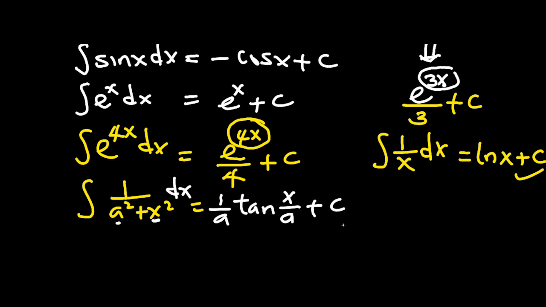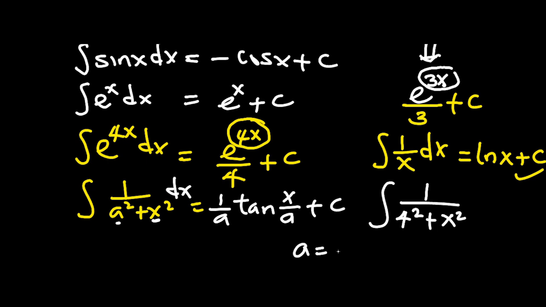Let's say for instance you have the integral of 1 over 4 squared plus x squared. What you have to be aware of is that your constant, your a, must be a perfect square, like 2 squared, 3 squared, 4 squared, and so on and so forth, to obey the standard form for integration.